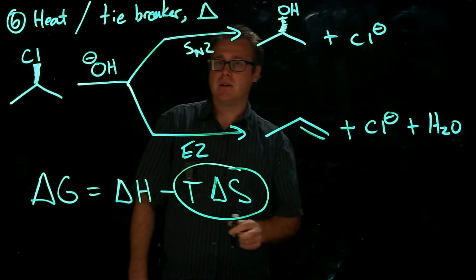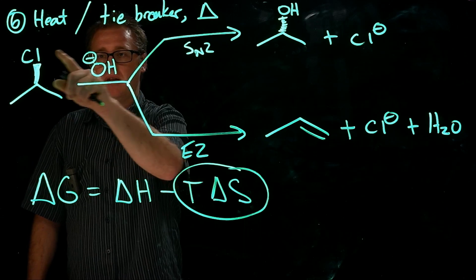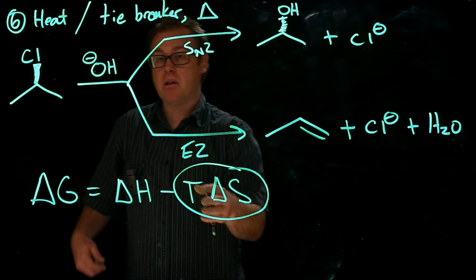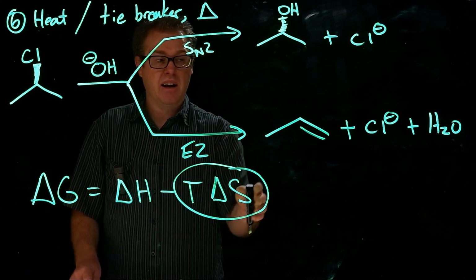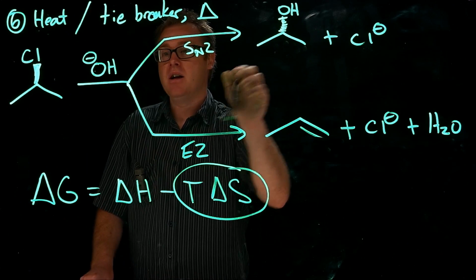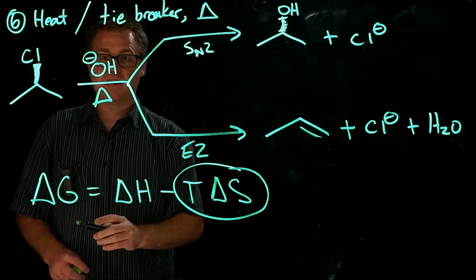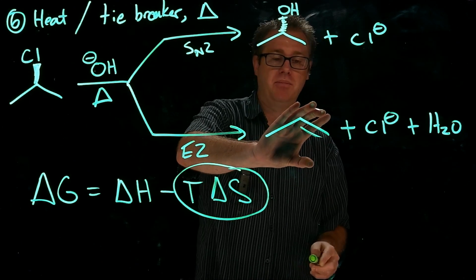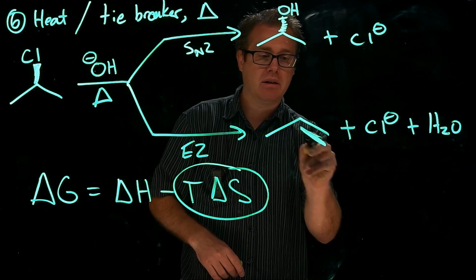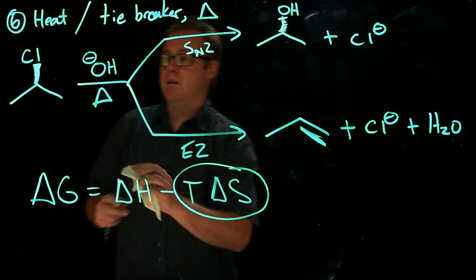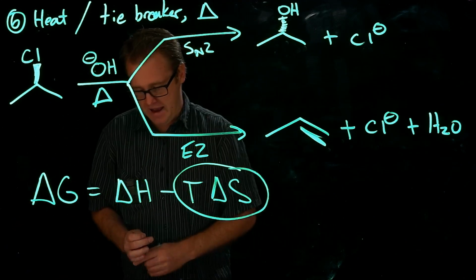Okay, so if we did this reaction right here, in this particular case, we could see basically a mixture of products. We could have our alkene and an alcohol. Okay, but if I changed and added some heat to it, then clearly it's going to be our alkene. So we'll leave it at that.